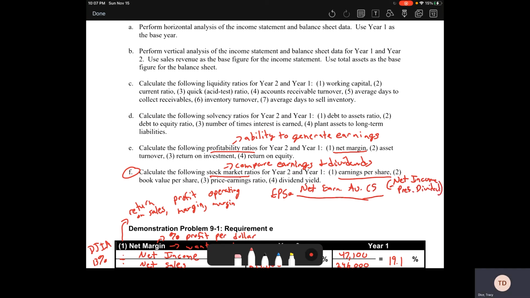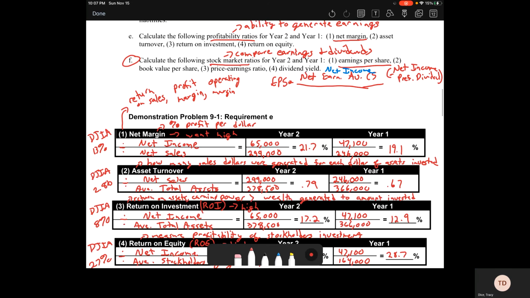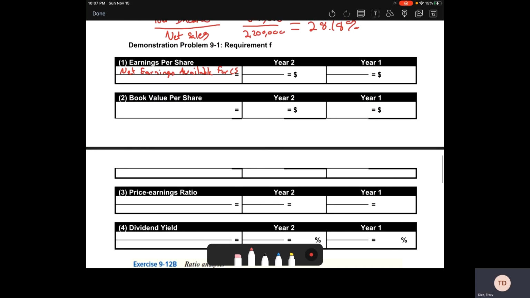If you don't have any preferred dividends, this top part just becomes your net income, but that's only if you don't have preferred stock in the company.